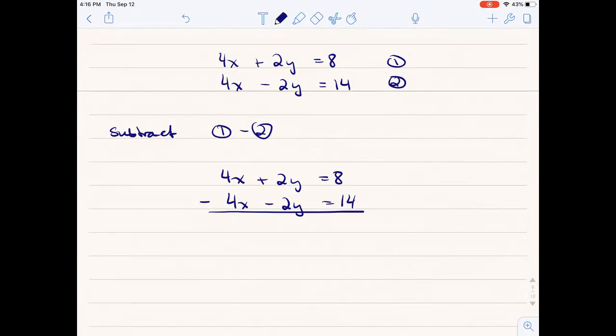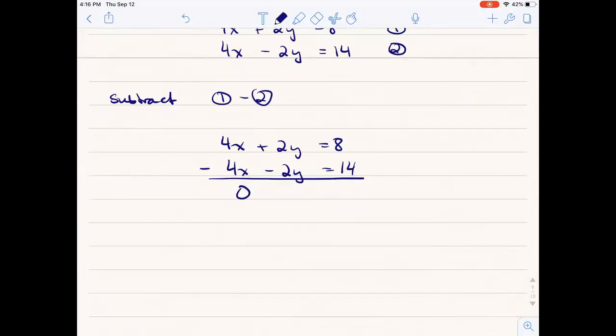And so 4x minus 4x, that's 0. That was the whole goal, to get rid of one of these variables. Now we've got 2y minus negative 2y, which is actually 2y plus 2y. So we've got plus 4y, and then we have to do 8 minus 14, which is negative 6.